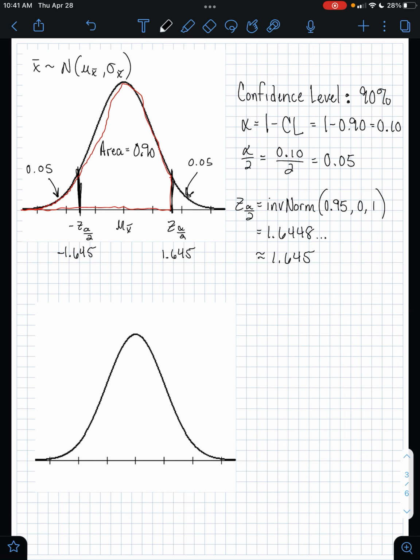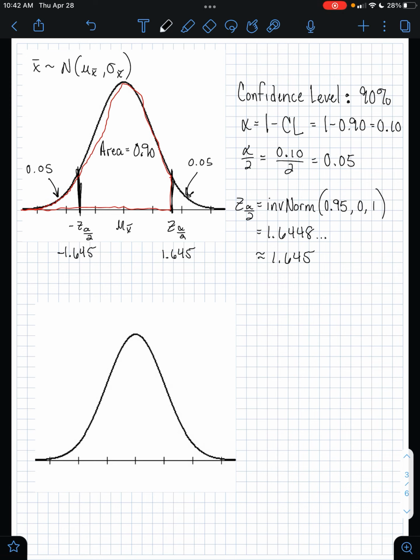Now, the reason I have a second graph down here is because I do want to play around with a different confidence level. We're going to see different confidence levels match up with different z-scores. Like in the first example I used, I started out with the idea that my z-scores were 2 standard deviations away because of the empirical rule that gave me the approximately 95% area in between.